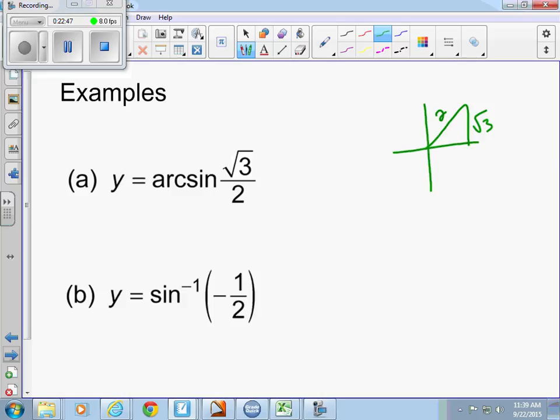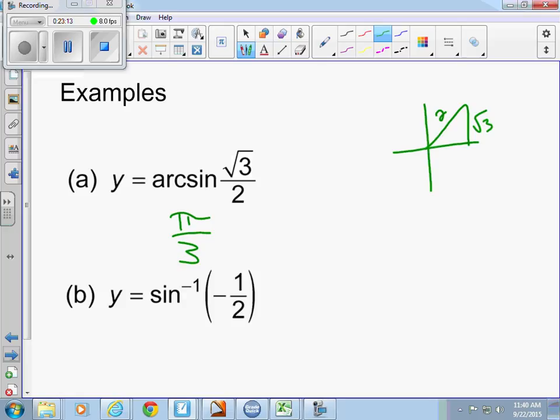So this is a different question than the bell ringer. The bell ringer had multiple answers. When I ask when is sine equal to radical 3 over 2, that has a bunch of answers. But when I ask for sine inverse, it only has one answer. And it is 60 degrees or pi over 3, depending on if you're in degrees or radians.